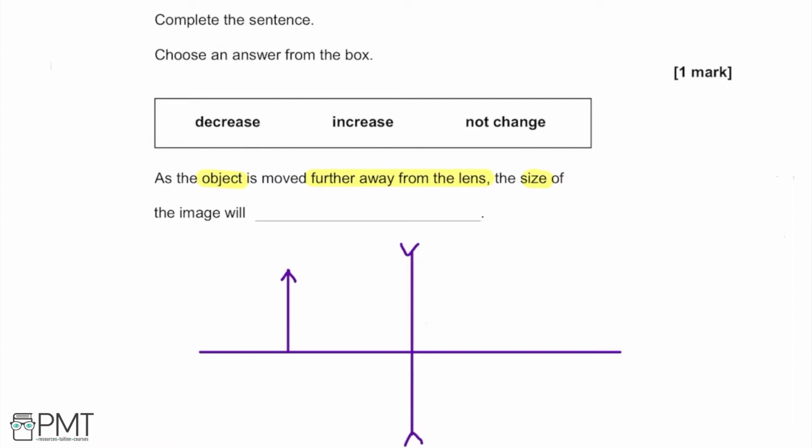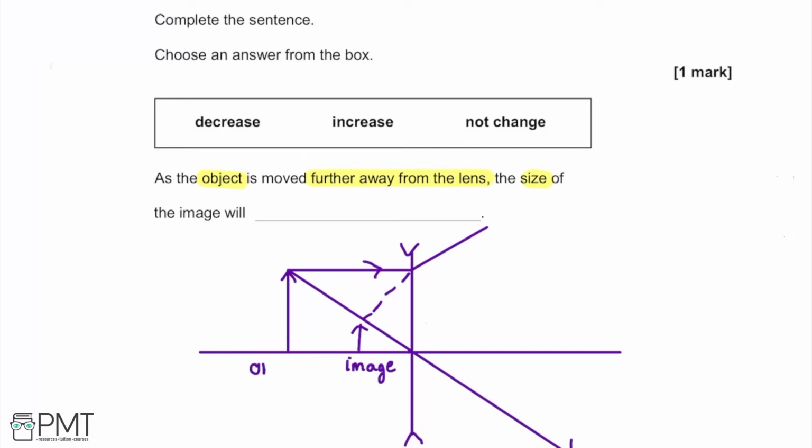There's an arrow here, and then the ray that goes straight through the point where the axis and the lens meet there, and then another ray parallel to the axis. Then this one will diverge over this way, and then where this one comes back to meet the other ray, we have the image at this point here. So this is the image, and this one is the object.